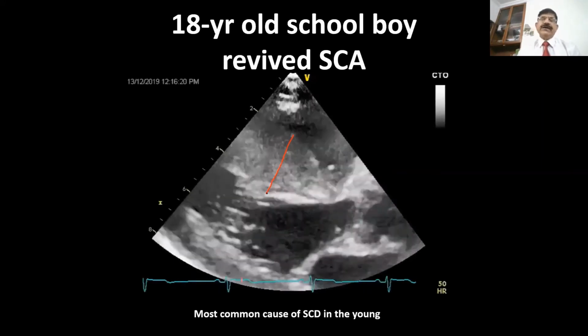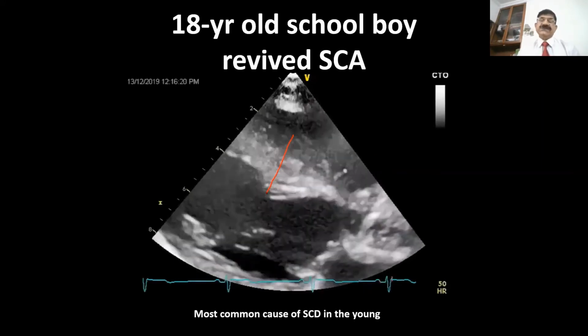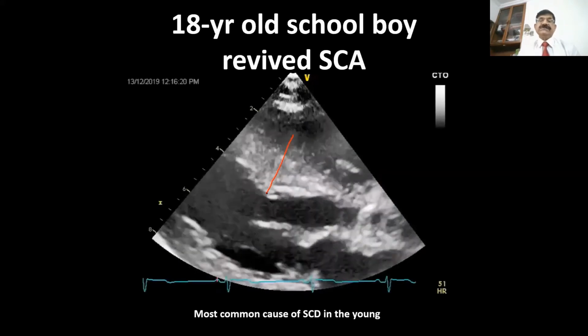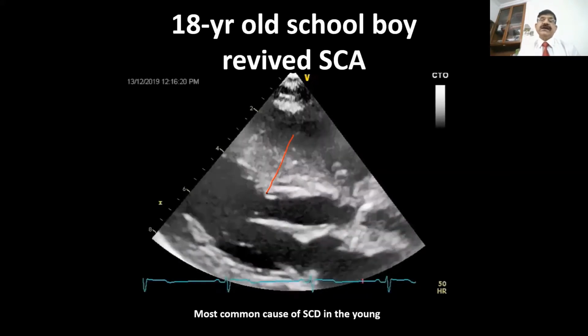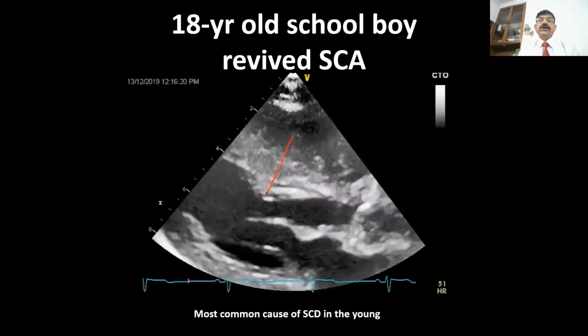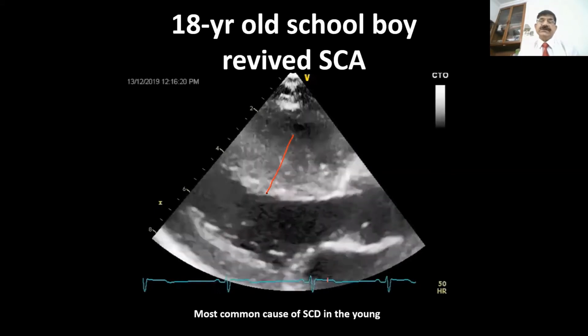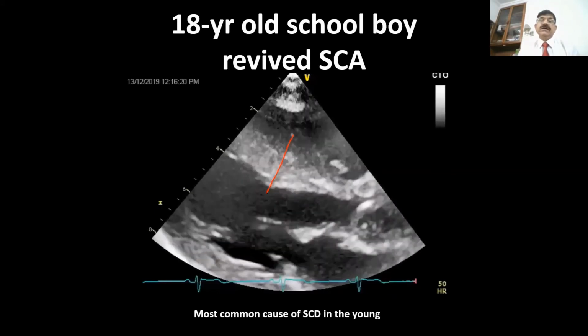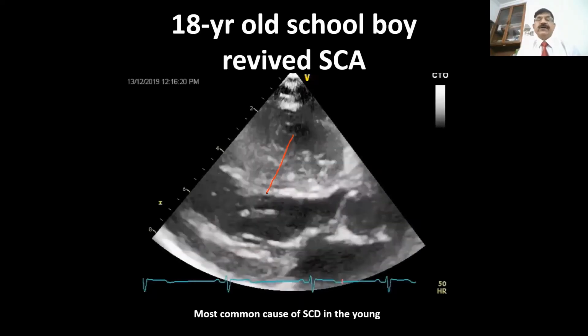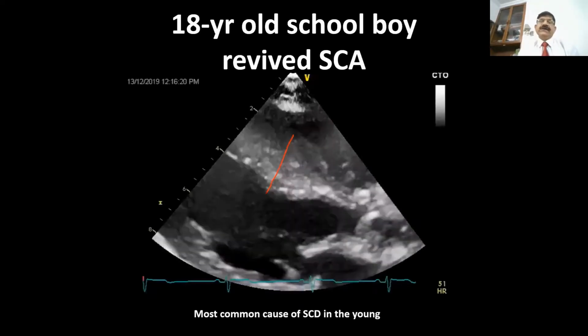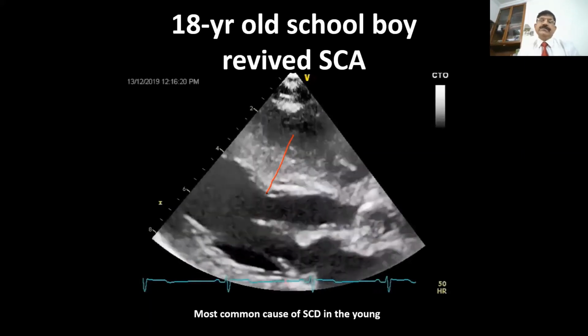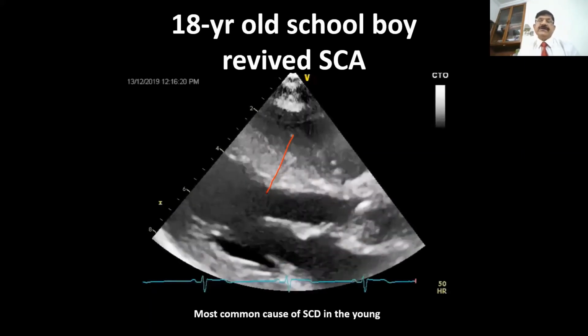In this boy, we scanned his sister, who's an air hostess. She was found to have similar features, and his older brother had absolutely similar features. So this is an individual who has hypertrophic cardiomyopathy with a typical history and convex appearance.